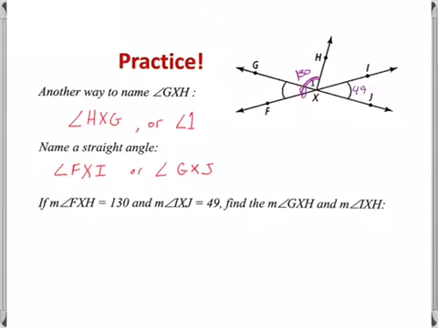They want us to find the measure of GXH and the measure of IXH. Well, keep in mind that FXI is a straight angle. So if part of it is already 130, in order to get to 180, IXH must be the remaining piece from the 180. Well, 130 taken away from 180 gives us 50. So IXH must be 50 degrees.